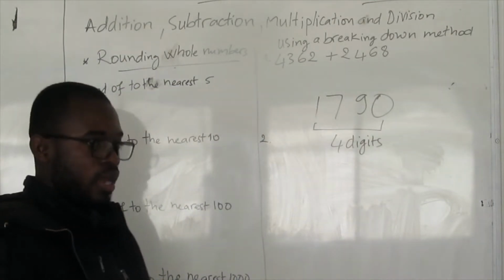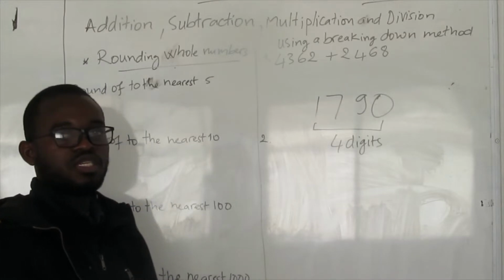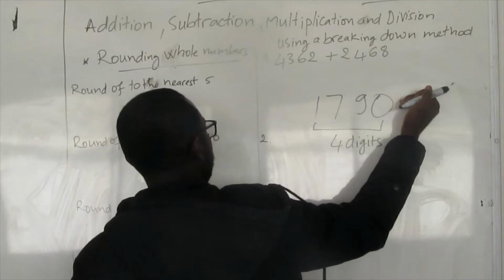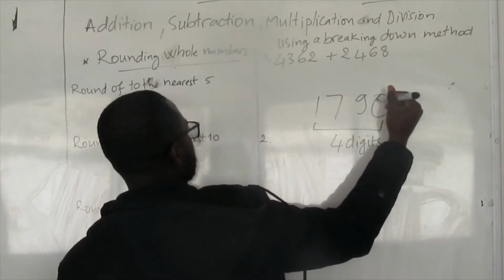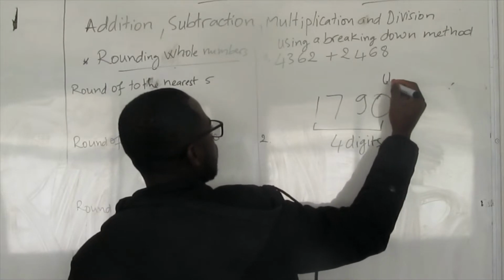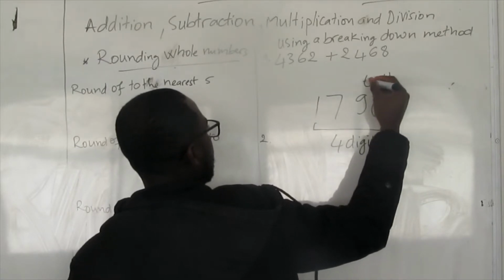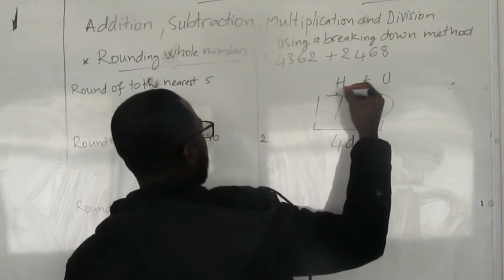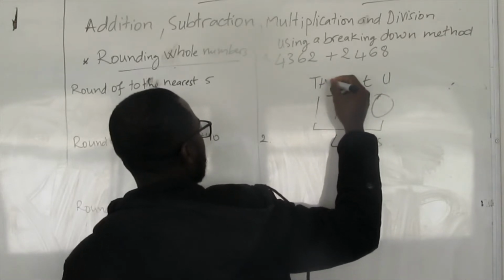Now, let's give the place value of each digit. Starting from our right, where our last digit is, we say is what? Unit. Then 10, 100, 1,000.